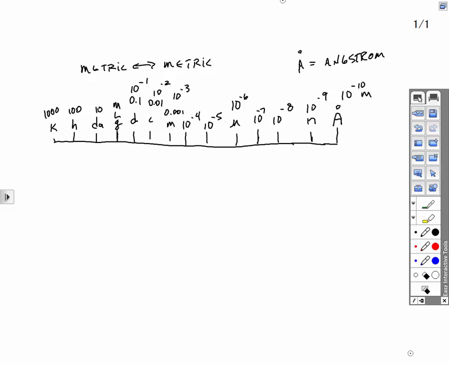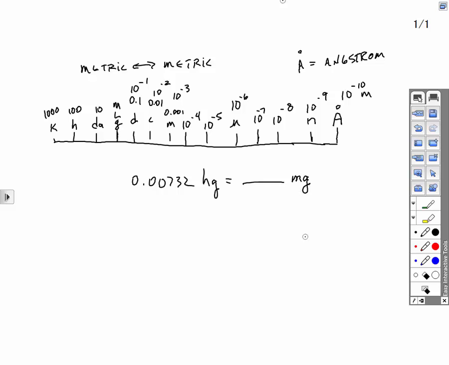Okay, so let's just take any number and let's make a metric to metric conversion. So I'm just going to arbitrarily say 0.00732, and again, I'm just making something up here out of my head. It doesn't really matter. And let's say that's a hectogram, HG, and let's convert that into, let's say, a milligram.